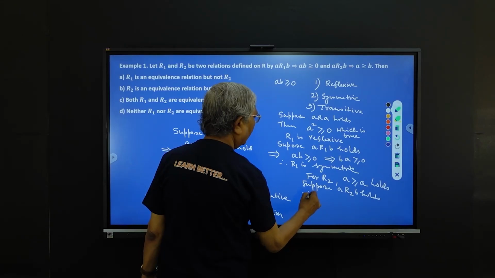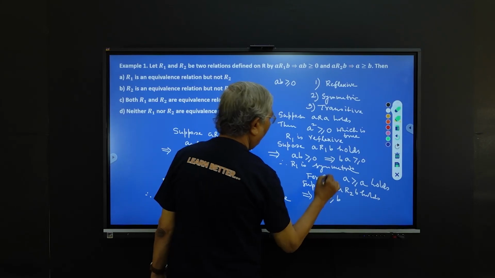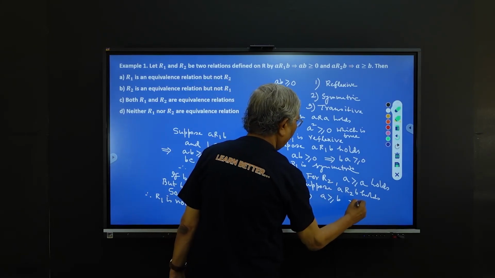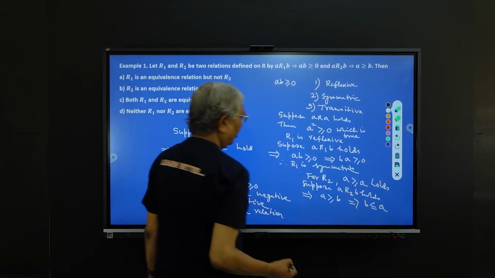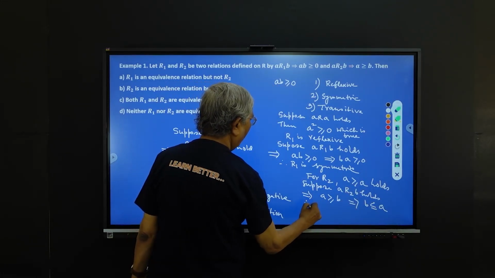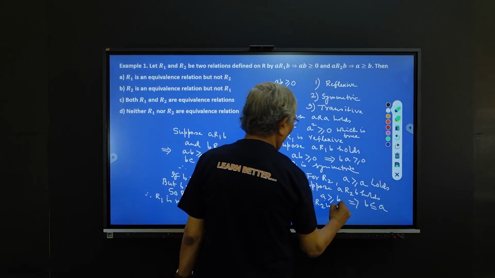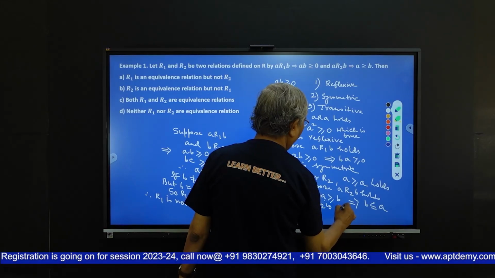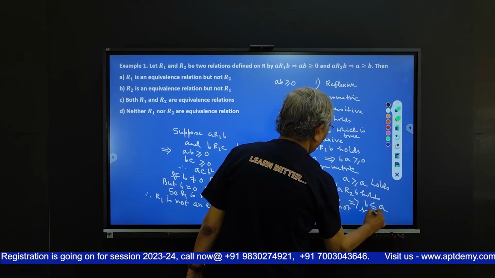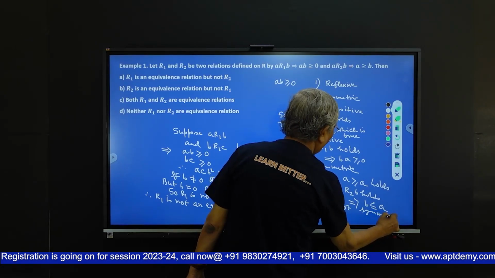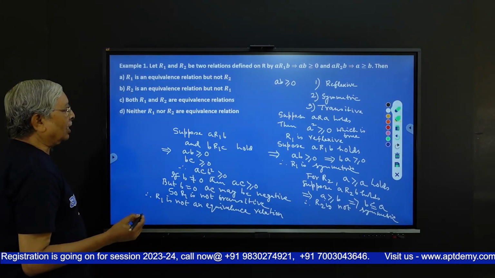This implies a greater or equal to b. This implies b less or equal to a. Therefore, R2 is not symmetric. So this is not an equivalence relation. So R2 is not an equivalence relation.